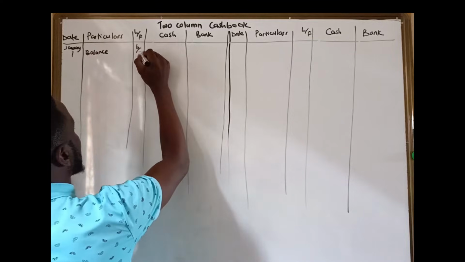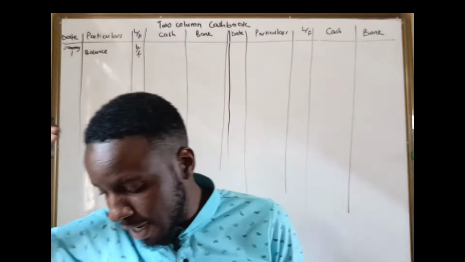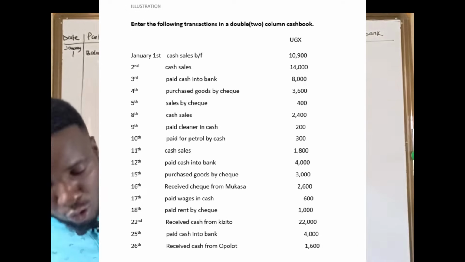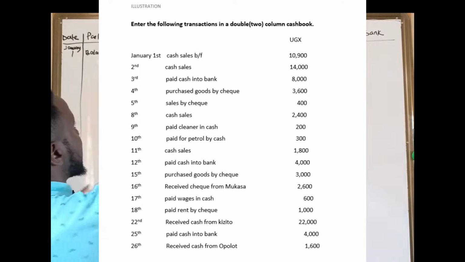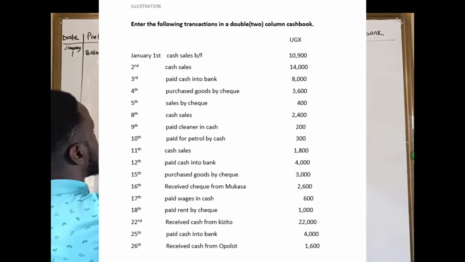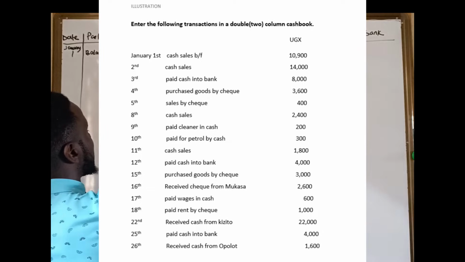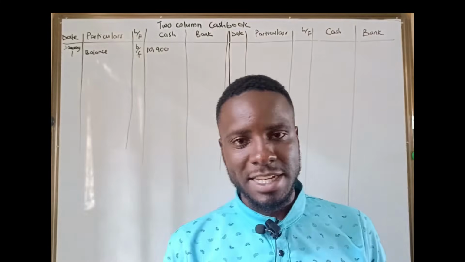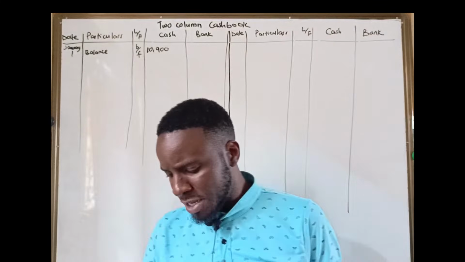So if it's a cash balance, we record it under the cash column, worth 10,900. That is our first transaction. So we have entered it in the cash book. Very, very simple. Now we go to the next one.